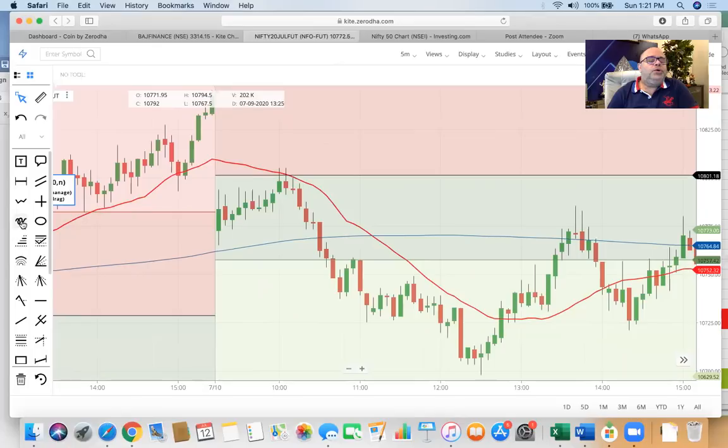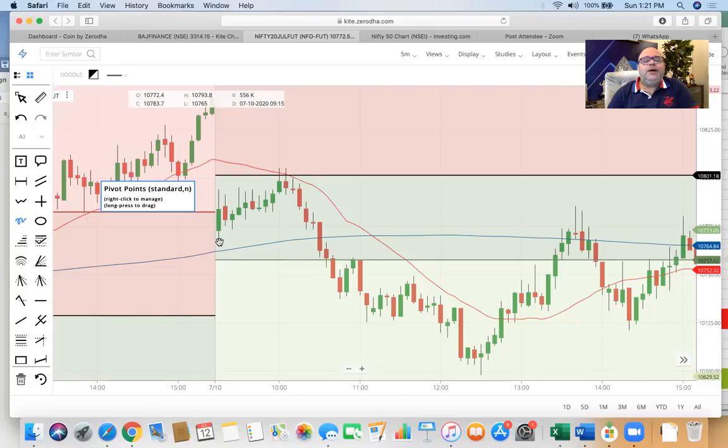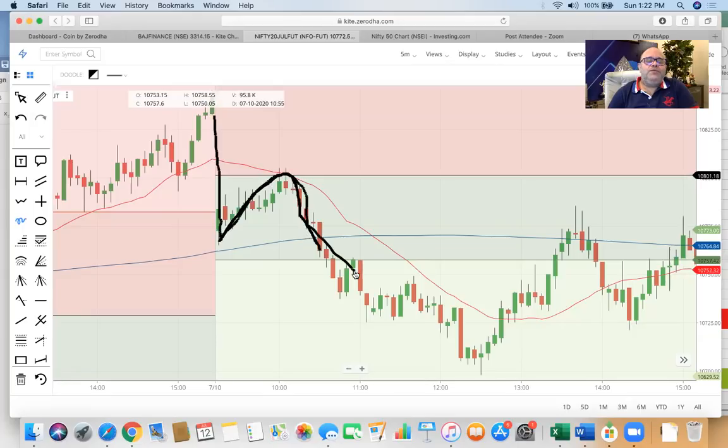So what happened here was that the market opened gap down, went up, and then came off. The way I would look at this is this bar started from here, made an N, and started to come off. So that is how this pattern needs to be looked at in terms of the gap.